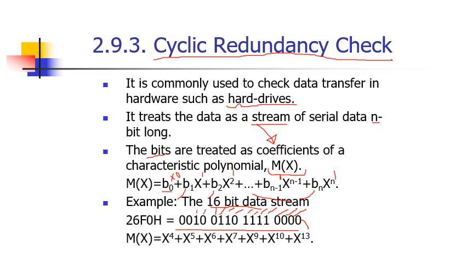And this would be your characteristic polynomial: 4, 5, 6, 7, 9, 10, and 13.